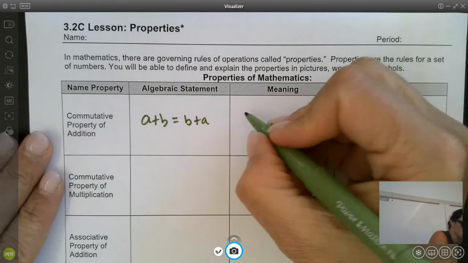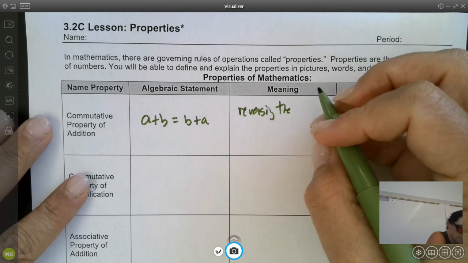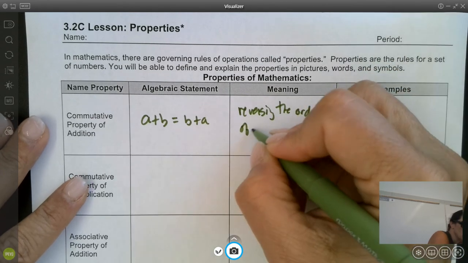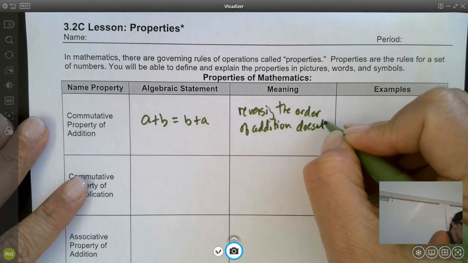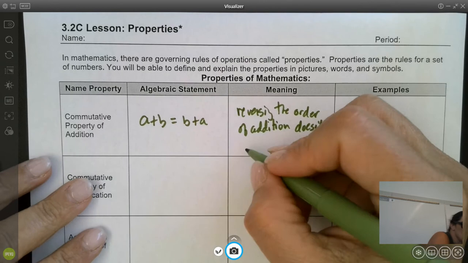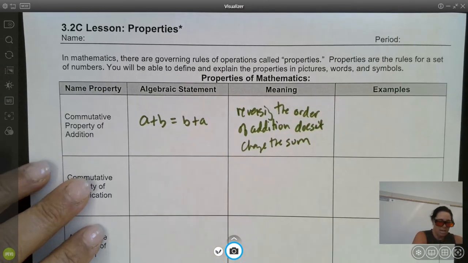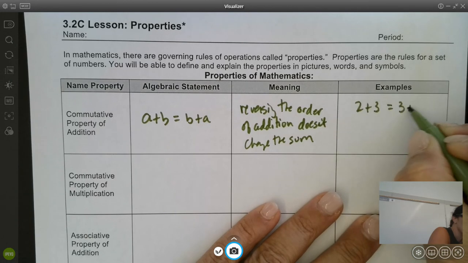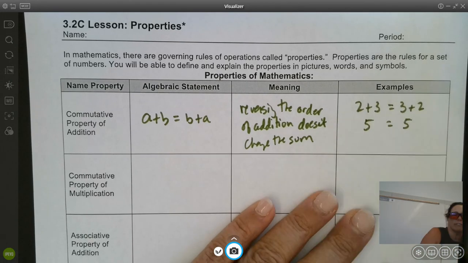So reversing the order of addition does not change the sum. An example of that, 2 plus 3 equals 3 plus 2. 2 plus 3 is 5, and 3 plus 2 is 5.